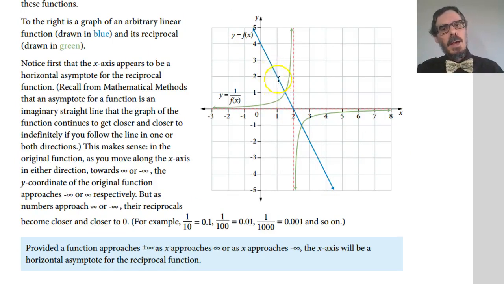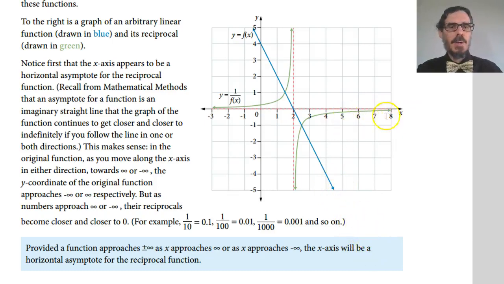Notice this. As this graph gets bigger, being a straight line, it goes up to infinity. Well, as this line goes up to infinity, I'm dividing by a very large number, so I'm going to get closer and closer to 0. At this end, if I'm going toward negative infinity, I'm still dividing by a very large, in this case negative, number.